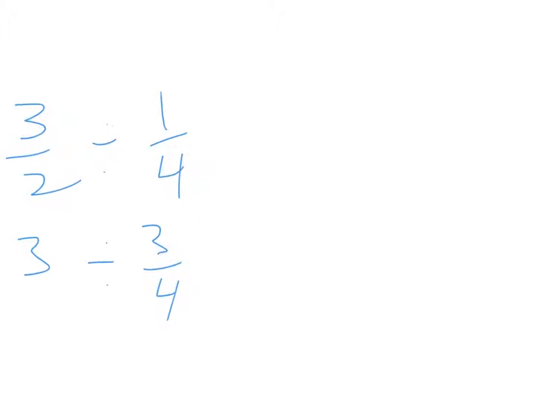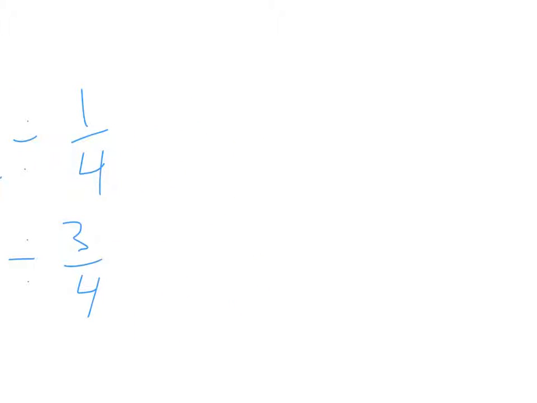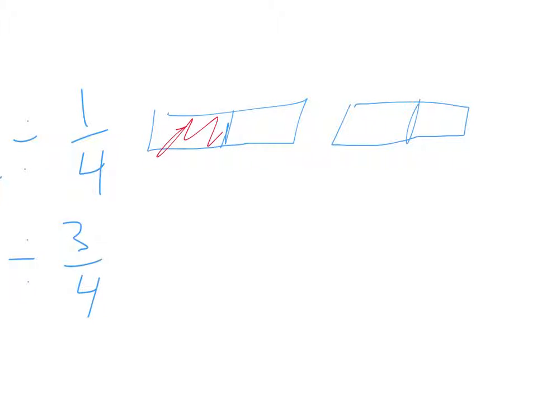So let me come over here to the side and draw 3/2. Say this is a whole, split it in half, there are 2 halves. And then here's another whole, split in half. So we're looking at 1, 2, 3/2.